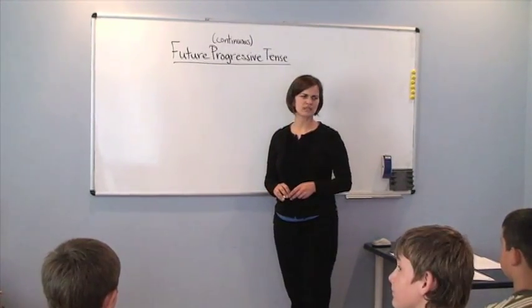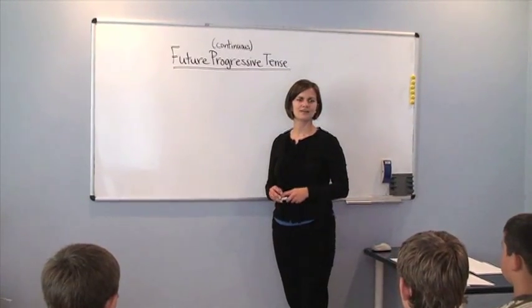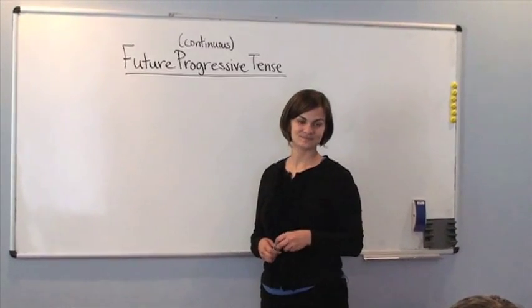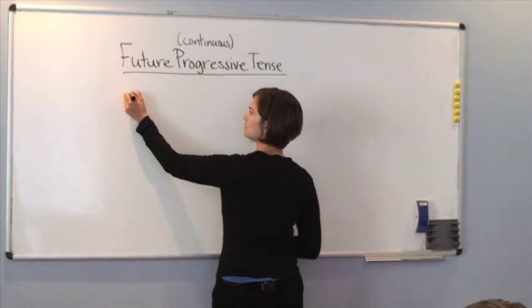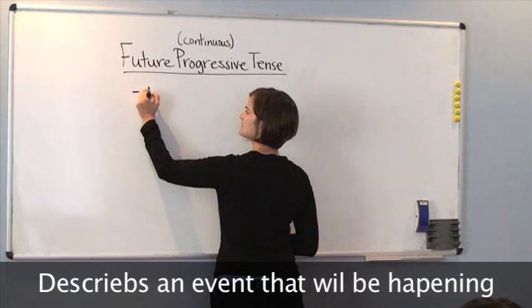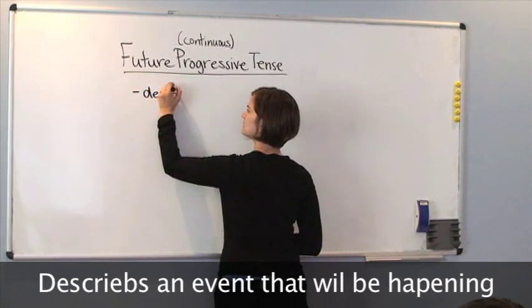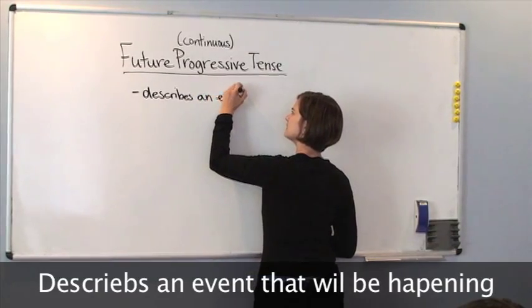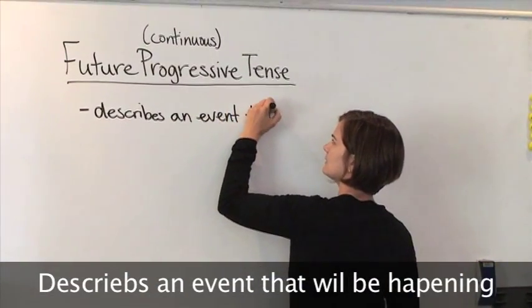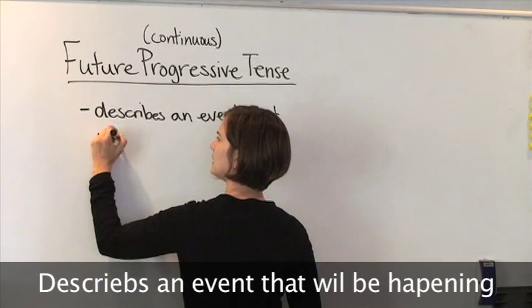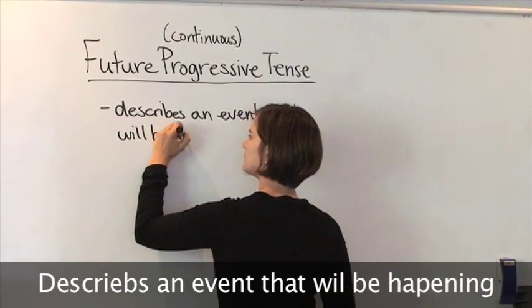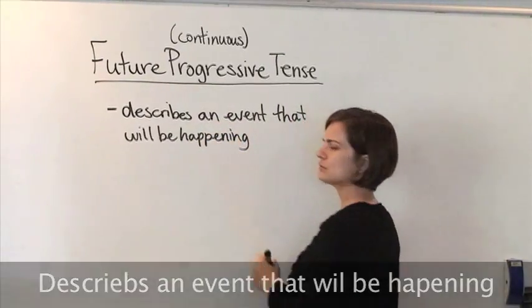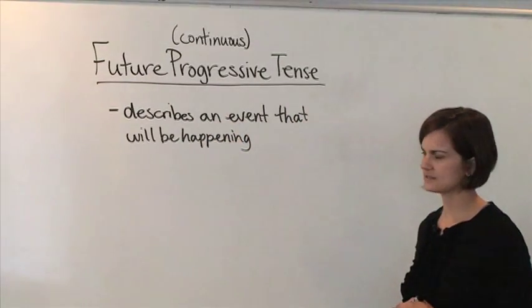What does future mean? What's gonna be? Tomorrow. It will happen, right? It describes an event that will be happening in the future, that it hasn't already happened yet, right?